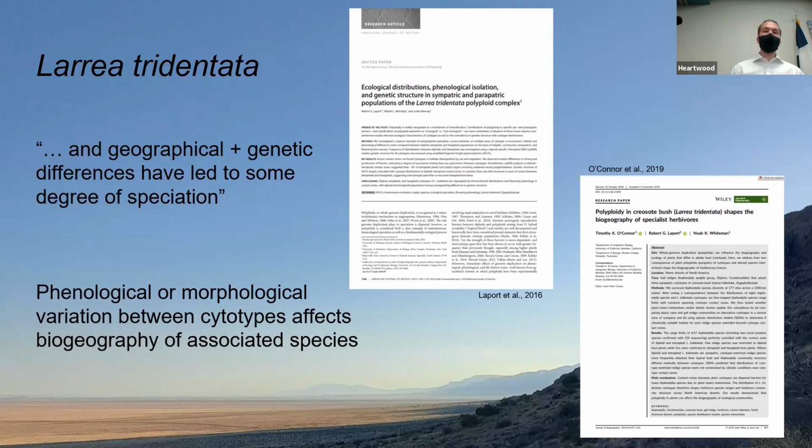And then the other paper on the bottom talks about how that then can shift the biogeography, which is basically just where things live, to put it very simply, of associated species.